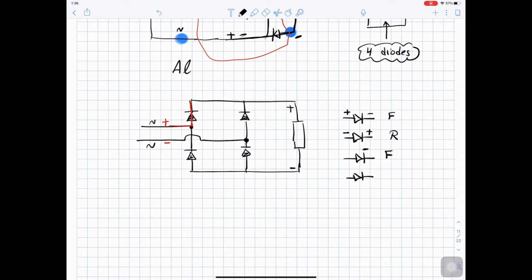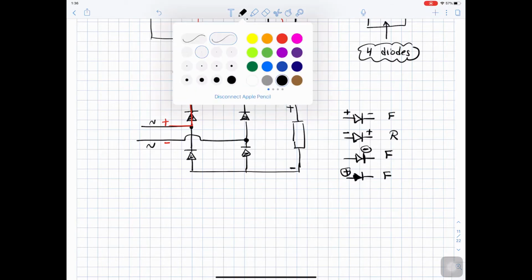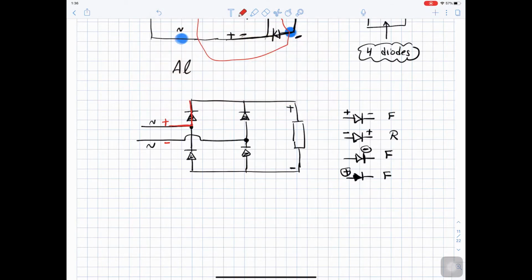If the diode has positive here, it is forward, okay? So at the positive side, we are looking for positive, and at the negative side, we are looking for negative. So this positive here will turn this diode on, and it will be connected here. This negative here at the same time will turn this diode on and will be connected here.